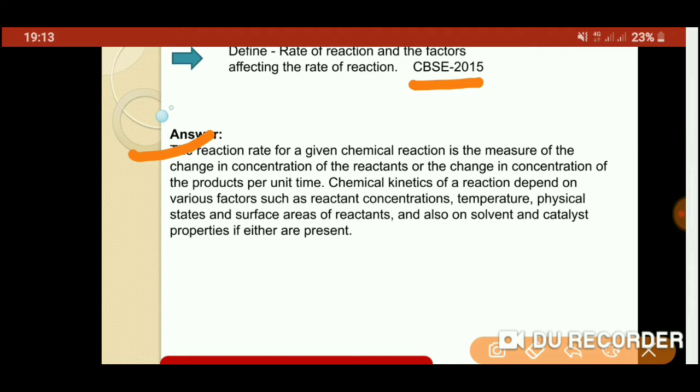The rate of a reaction depends on various factors like reactant concentration, temperature, physical state, surface area of the reactant, and also solvent and catalyst properties if either is present.